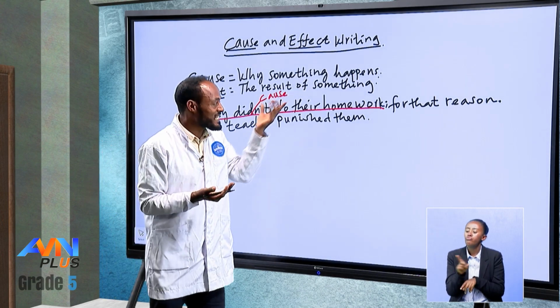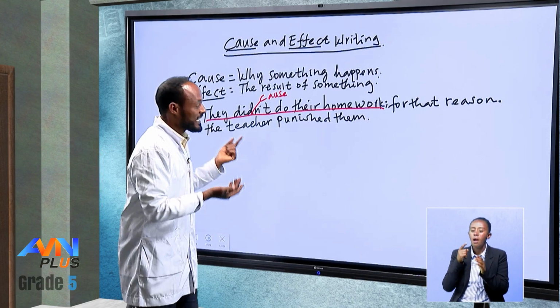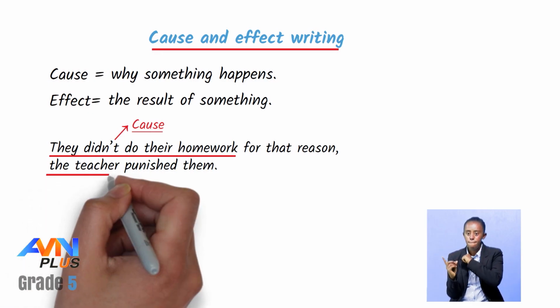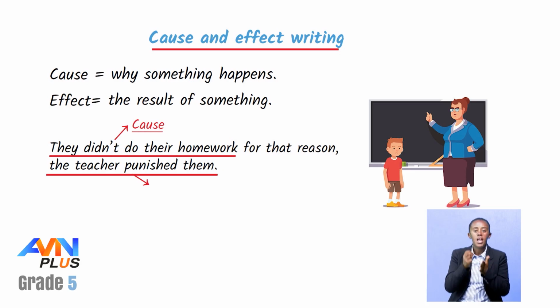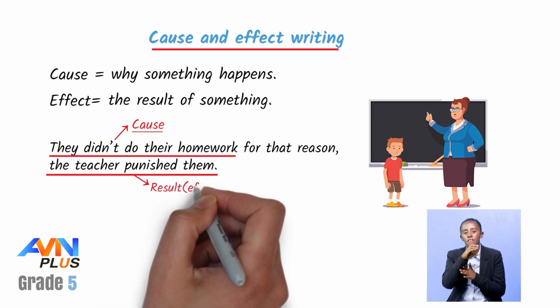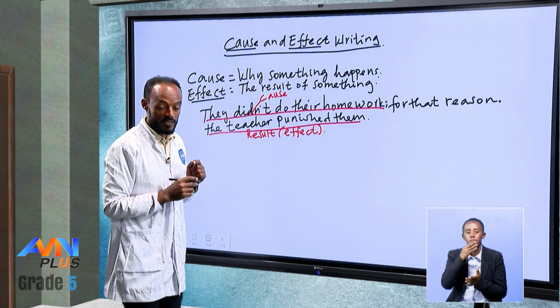What are the results of this event? The result is that the teacher punished them. This one is the result. This means the effect, okay? The effect. Is it clear?